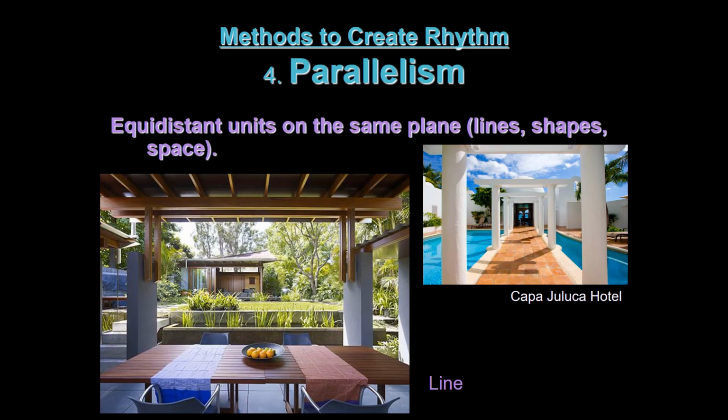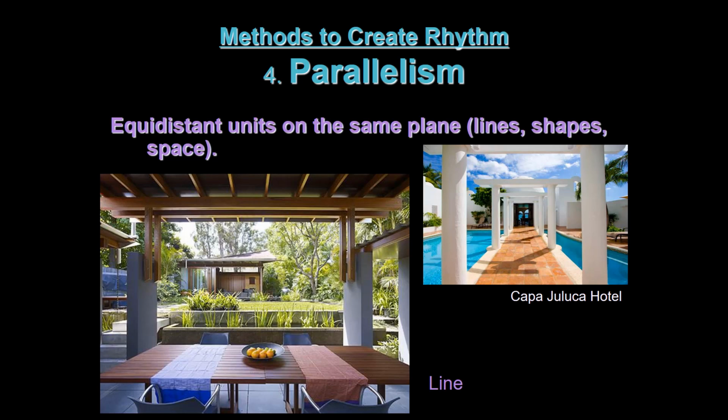Next we have parallelism. Parallelism is when we take the same unit and place it equidistant from each other within the same plane. This can be done through line, shape, or color, for example.